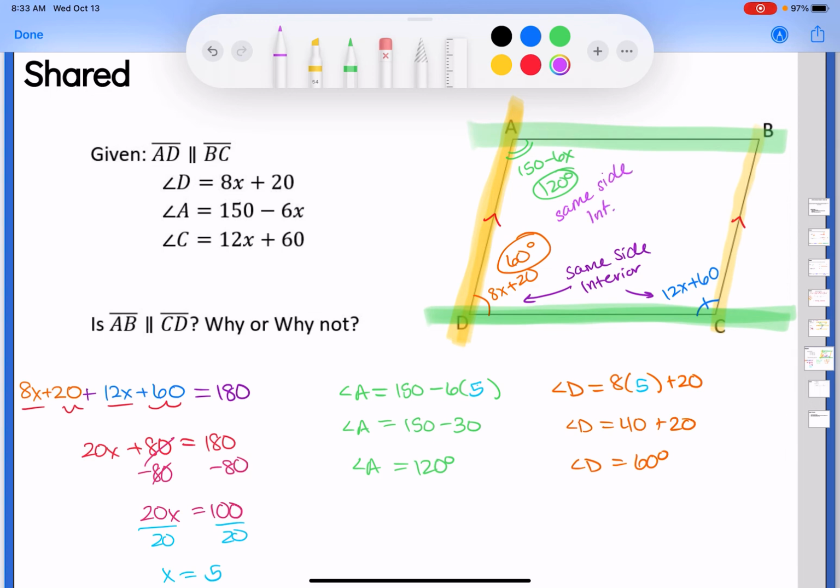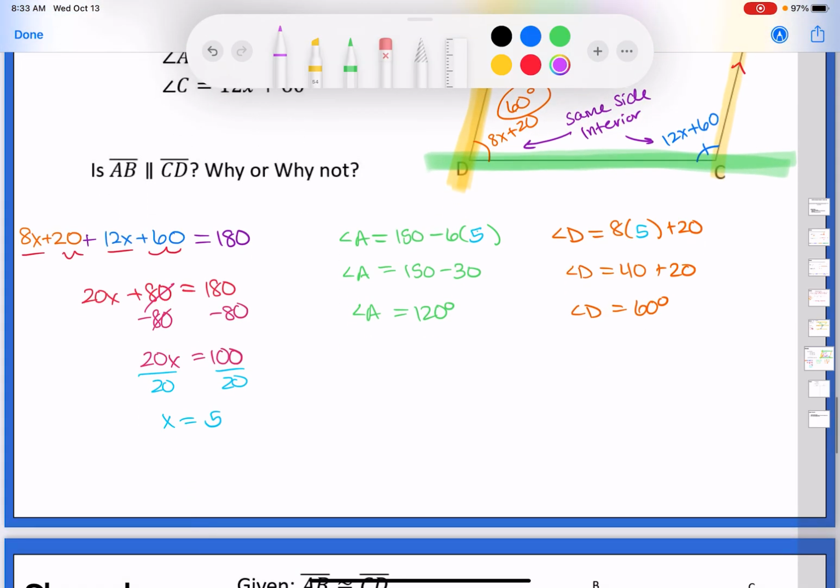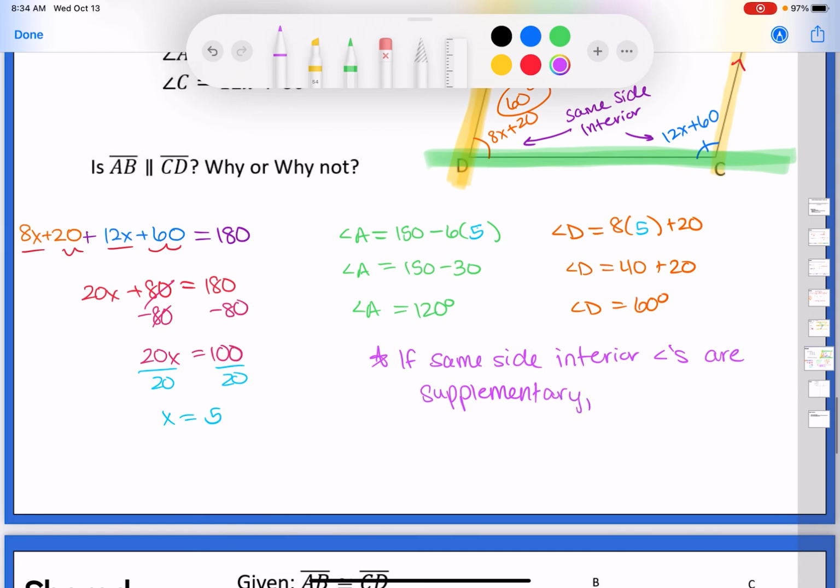For my other parallel lines. So this time it shows that my same side interior angles are in fact supplementary for lines AB and DC, right? So if same side interior angles are supplementary, then the lines are parallel.